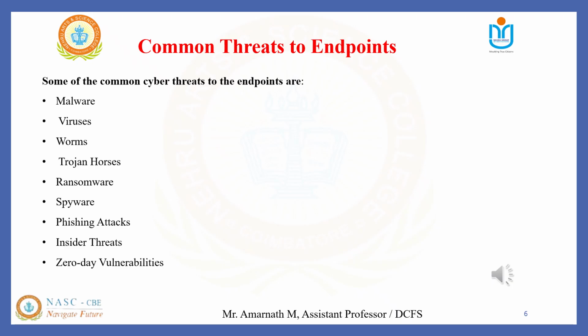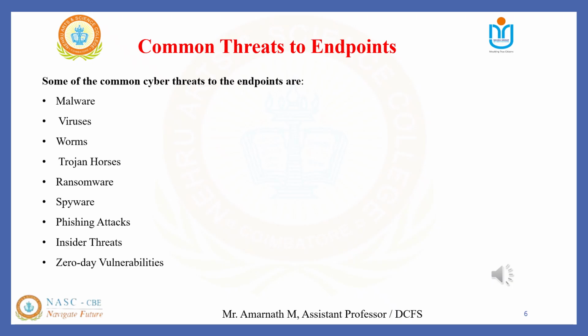So the first threat to the endpoint device is malware. Malware is malicious software. It is intentionally designed to harm a computer system, steal information, spy on users, and disrupt normal operations. The next is virus.